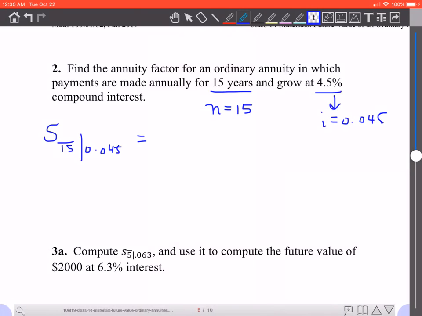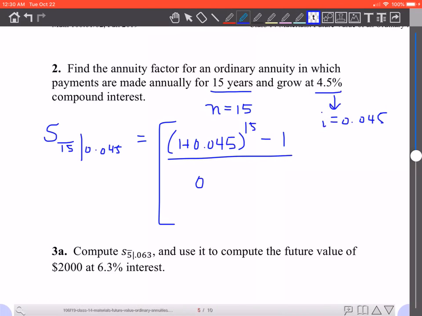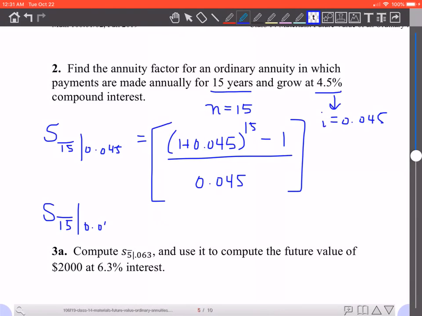Well, that's going to be our growth factor minus 1 divided by the interest. Just going to make that a little bit smaller because I exaggerated a little bit. So go ahead and simplify this on your calculators. What is the annuity factor for this annuity? You're going to hear me typing away.